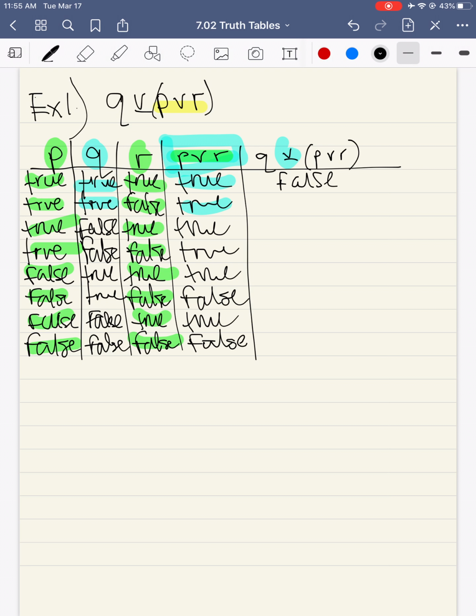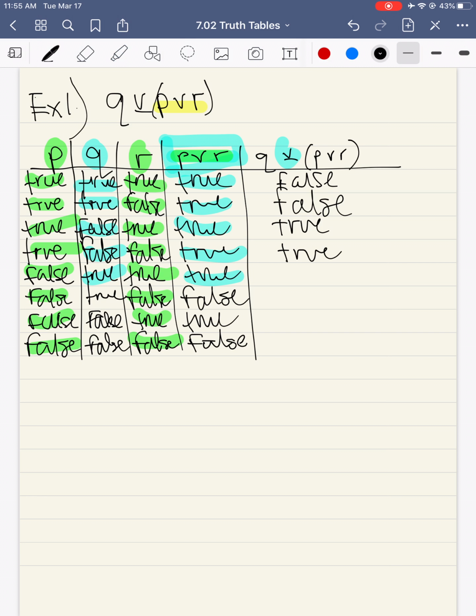Similarly here, that is false, and then I keep going. So false, exclusive or true. Well, one of them is true, but not both, so that is true. And then I have false, exclusive or true, so that is true.